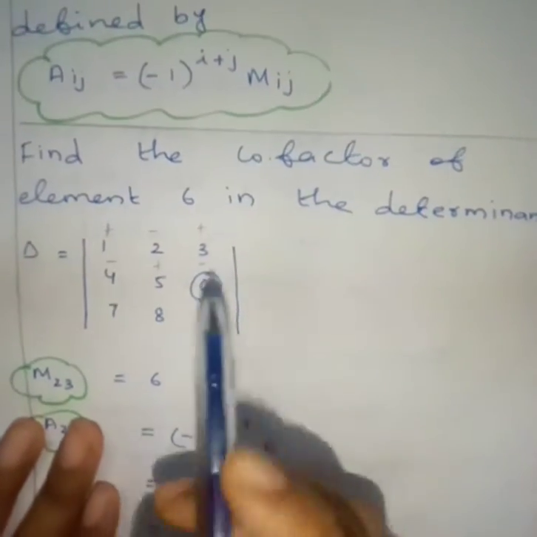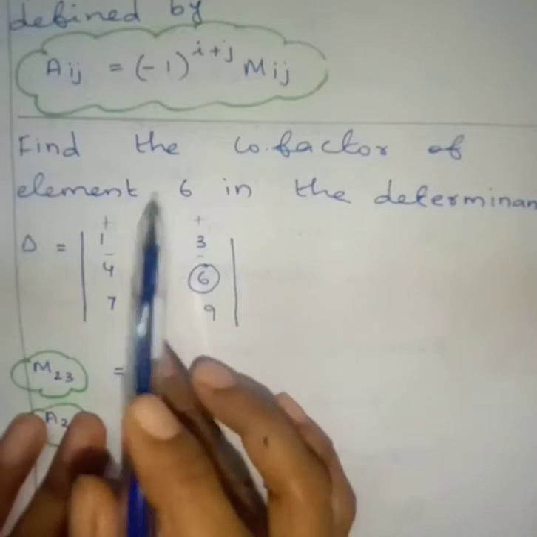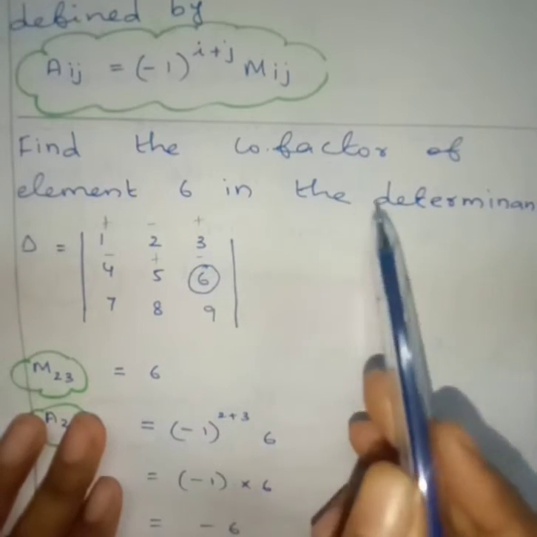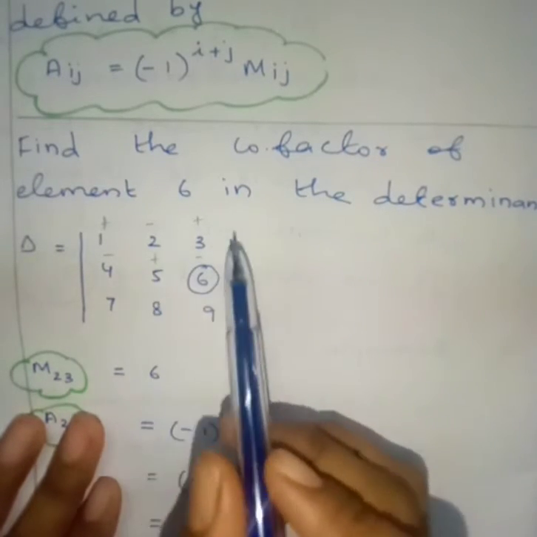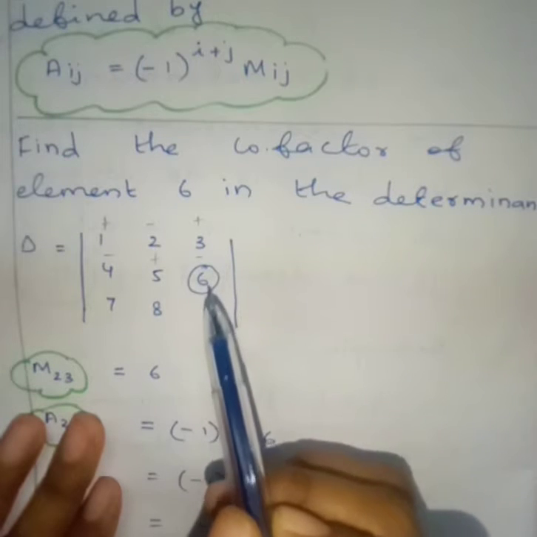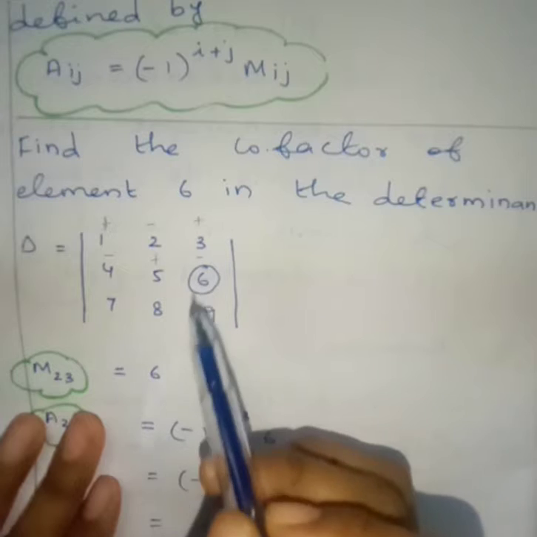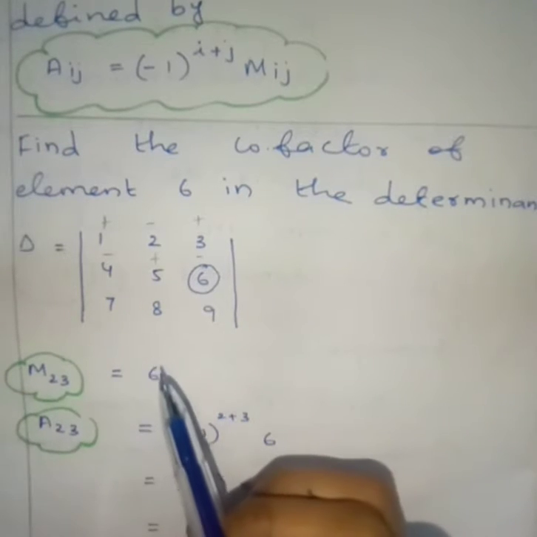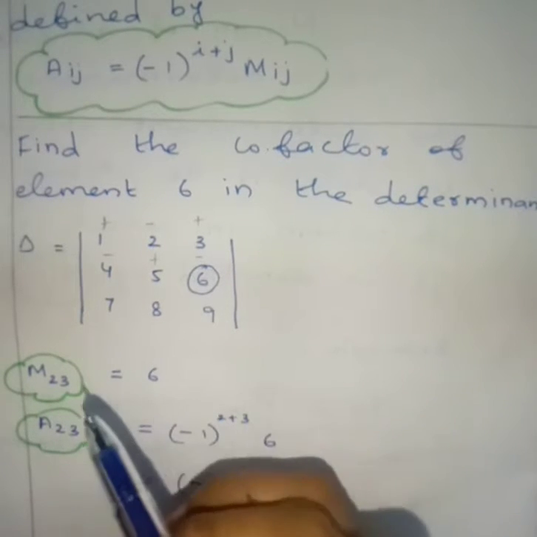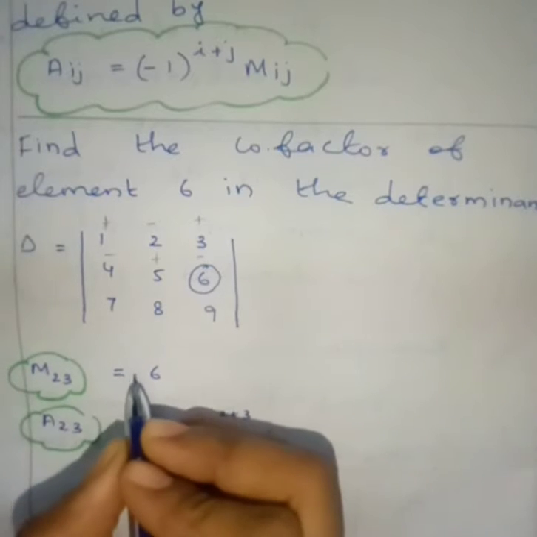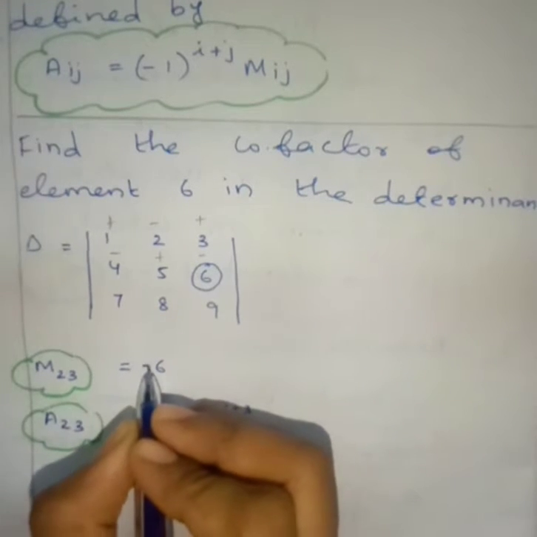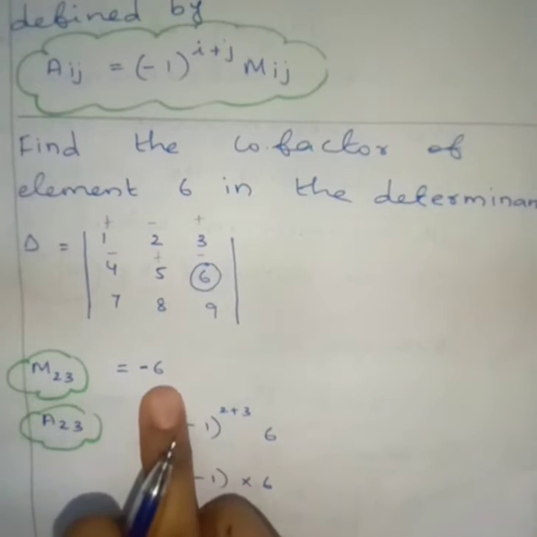Suppose, find the cofactor of the element 6 in the determinant. So where is 6 here? It is M23, right? We already finished that. That M23, what you got as M23? Minus 6. We got minus 6, right?